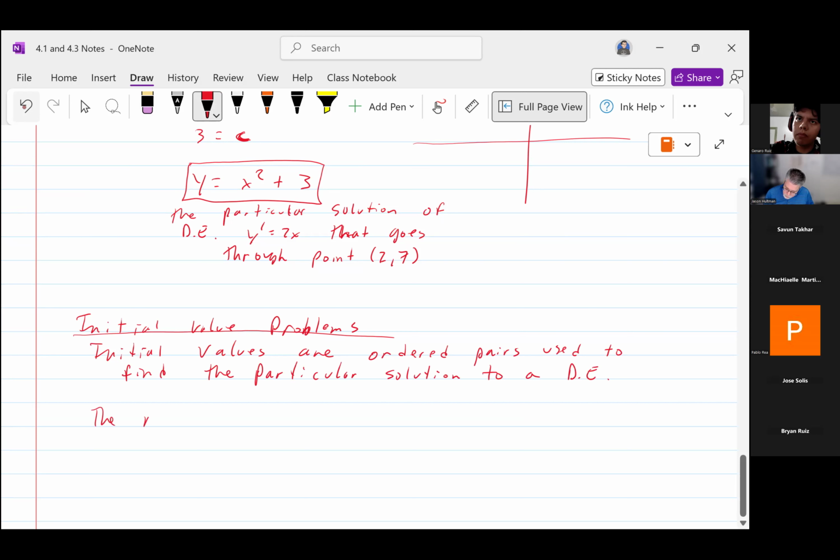The number of initial values needed is equal to the order of the DE.